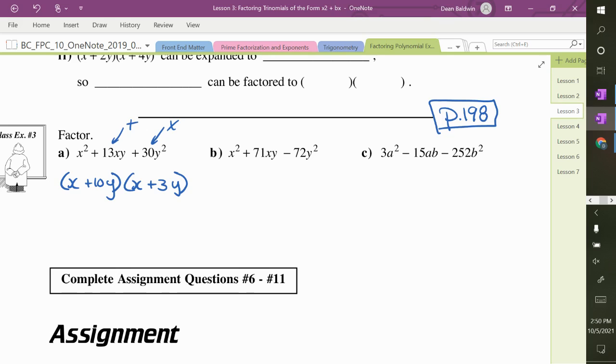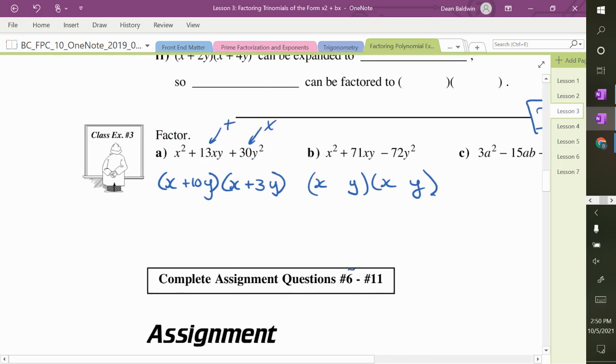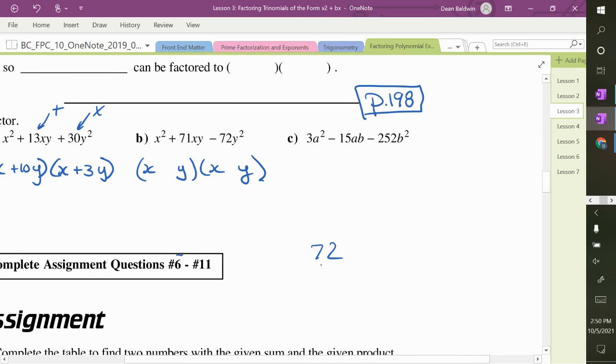So the next one is exactly the same. We have a y squared at the end, so it's x and a y, x and a y. Figure out the numbers. What multiplies to negative 72 and adds to 71? Let's do the factors of 72. 1 and 72. Can I combine those to get 71?